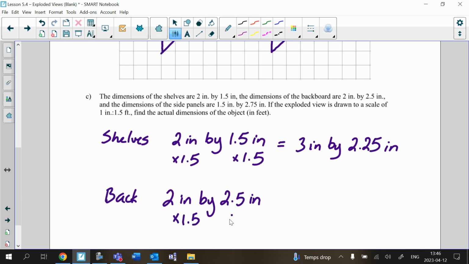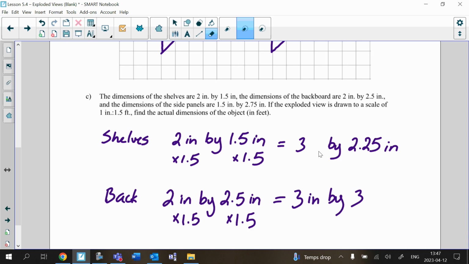Sorry, I've put the wrong units here, you guys. It should be feet, because we're changing to feet. 3 feet by 3.75 feet. Okay.